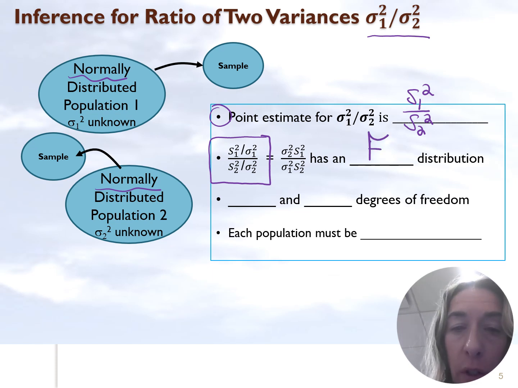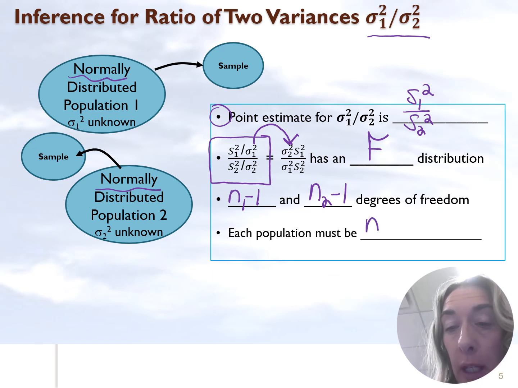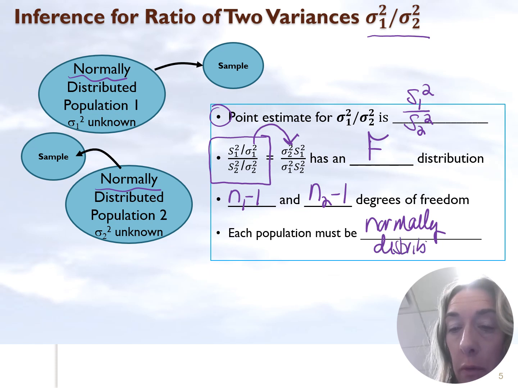This can also be written in that way, just by some simple rearrangement of the terms. This random variable has n1 minus 1 and n2 minus 1 degrees of freedom, so 2 different degrees of freedom. But like the chi-square distribution, each population from which we're sampling must be normally distributed. So when using the F distribution in this way, your populations must be normally distributed.